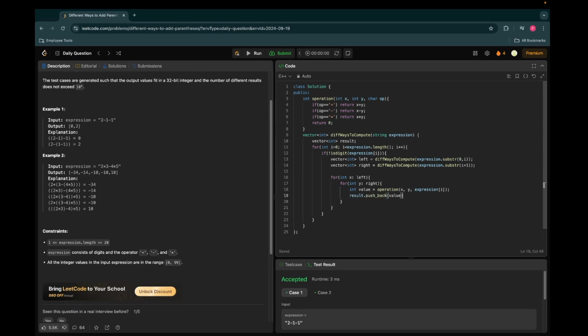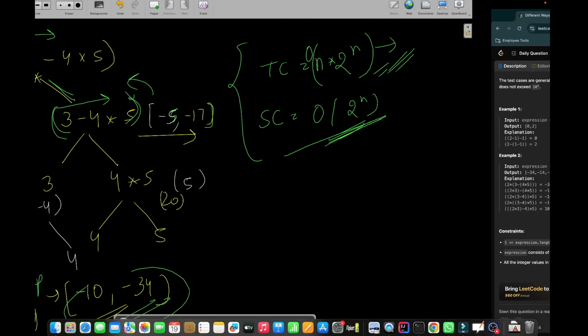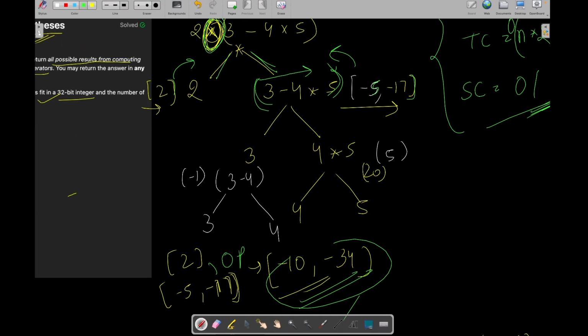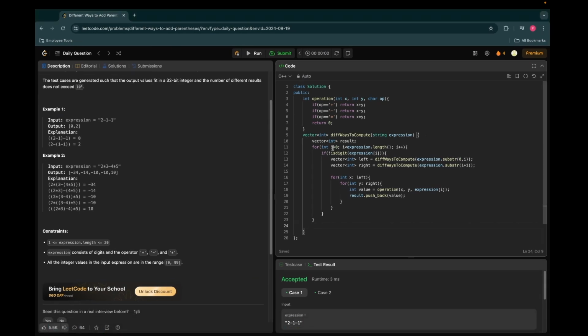Okay, but here we have not applied any base case. So what will be the base case? The base case will be when an expression has no operator, and we need to just return that string as an integer, because we will convert the string into an integer. Whenever our expression is something like, let's say 45, then obviously it doesn't contain any operator.